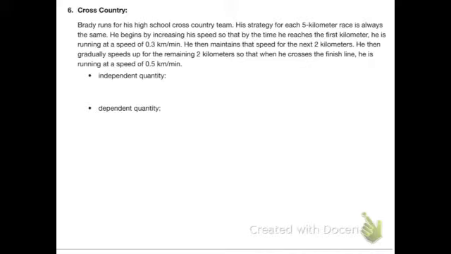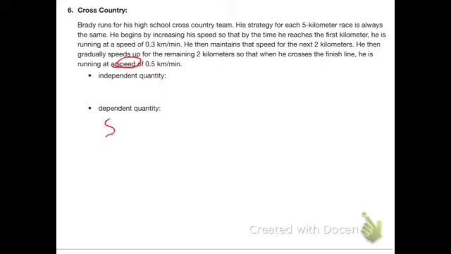Okay, so what's changing? That would be his speed, right, from 0 to 0.3 to 0.5. And does that depend on something, or is something else depending on that? Well, it talks about how his speed is changing based on where he is in the course. So his distance affects his speed.